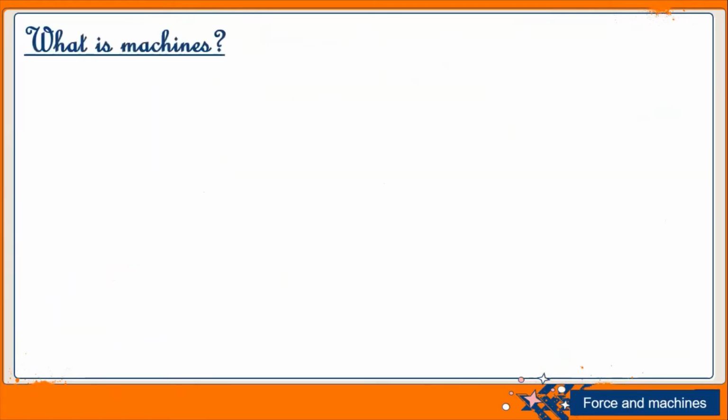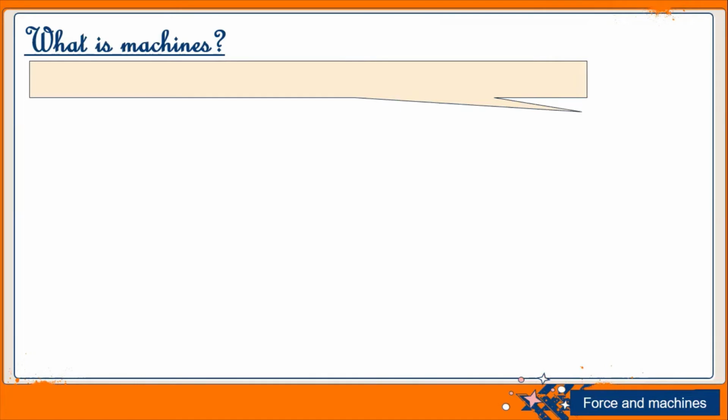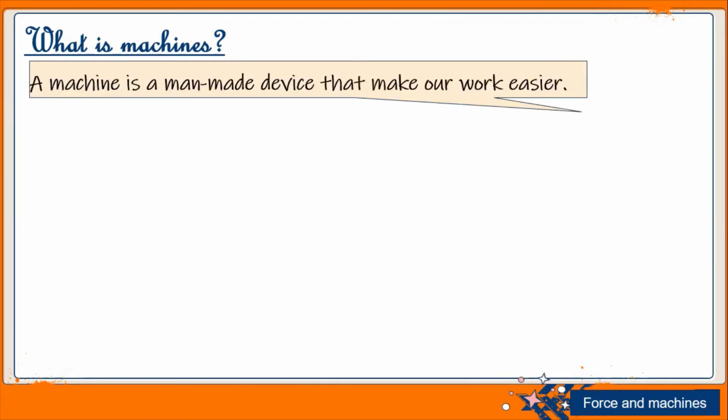Students, now we come to our topic for today: what are machines. We use machines all the time. They are everywhere, at home, at work, on the roads, in the sea, and in the air.